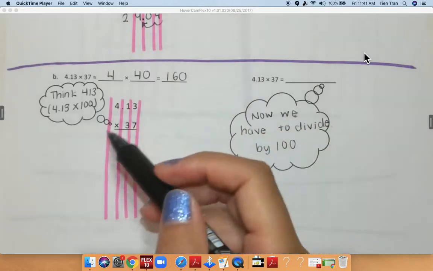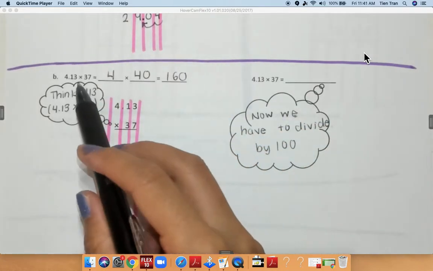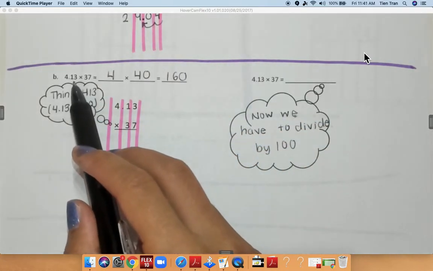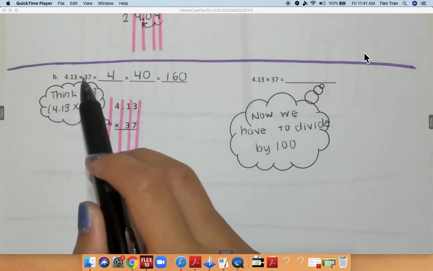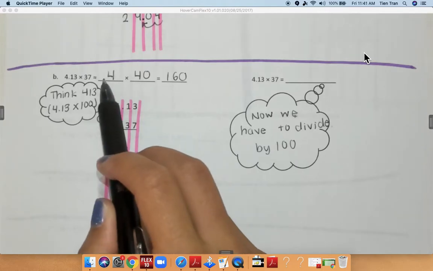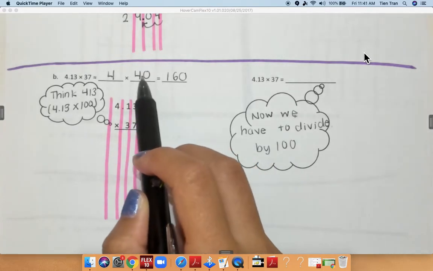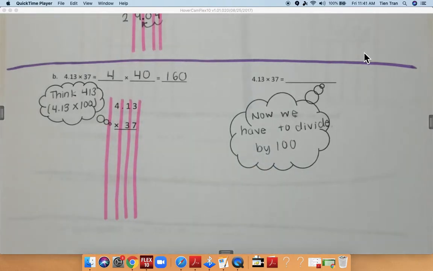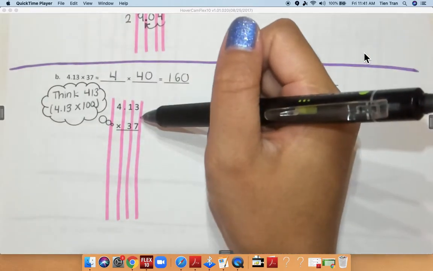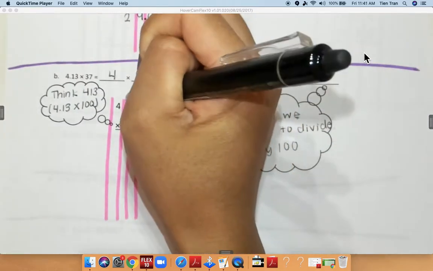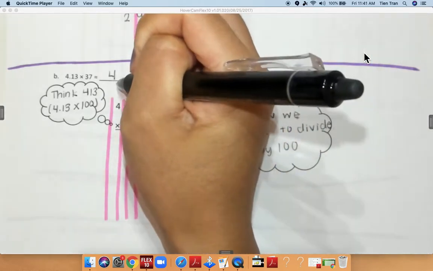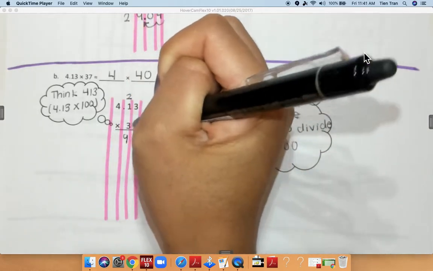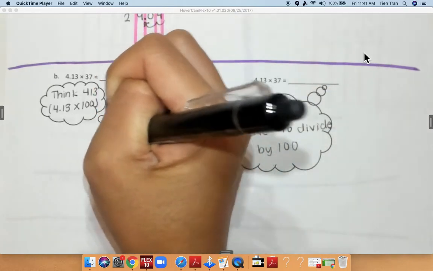For problem B, they're asking you to round first and multiply 4 and 13 hundredths times 37. I rounded 4 and 13 hundredths to 4 and 37 to 40. 4 times 4 is equal to 16, and I add my 0 at the end, which gives me 160. Now I'm going to solve. 7 times 3 is equal to 21. 7 times 1 is 7, plus 2 is equal to 9. 7 times 4 is equal to 28.